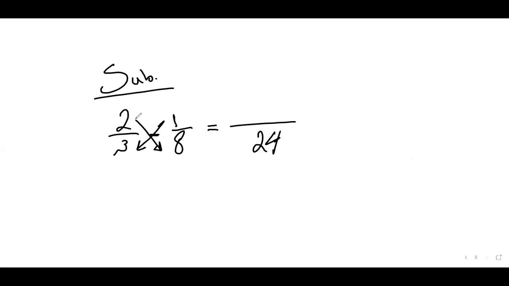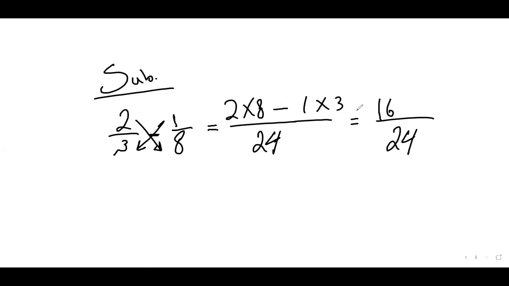Make a cross product. 2 times 8 minus 1 multiply 3. Here 24. 2 times 8, 16. 1 multiply 3, 3. 16 minus 3, 13 over 24. Guys, is it difficult? No.